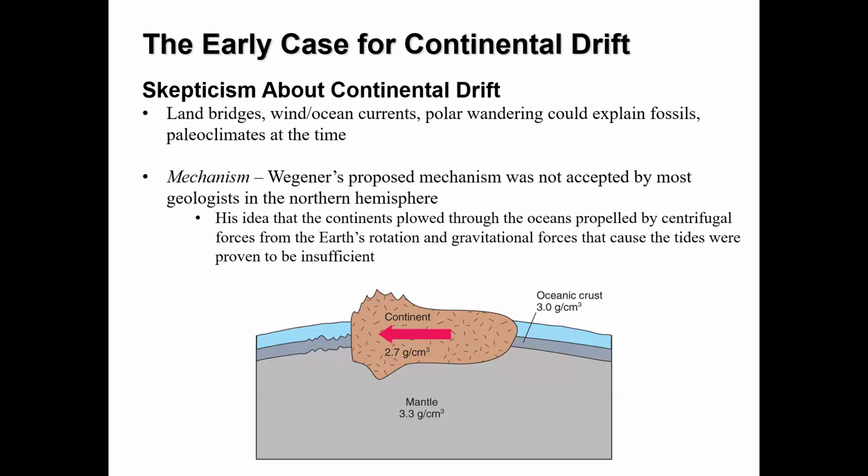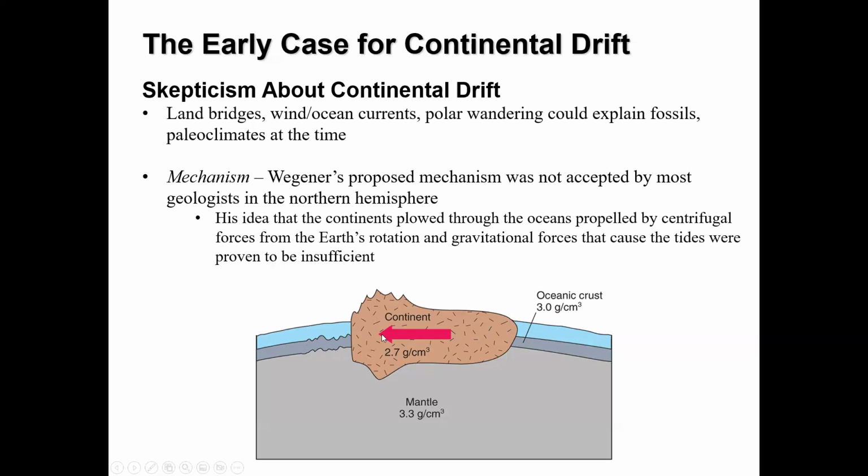So Wegener's proposed mechanism, his idea was that the continents plowed through the oceans. So here you can see here's a continent, here's oceanic crust. The continents plowed through the oceanic crust right here, and you can see in that process it's bunching up the oceanic crust in the direction that it's moving.